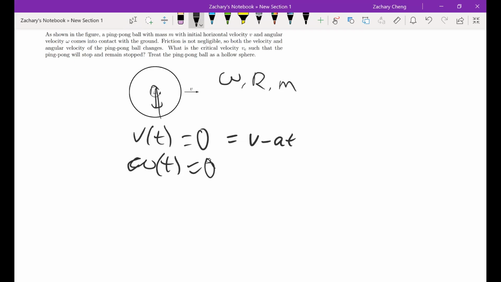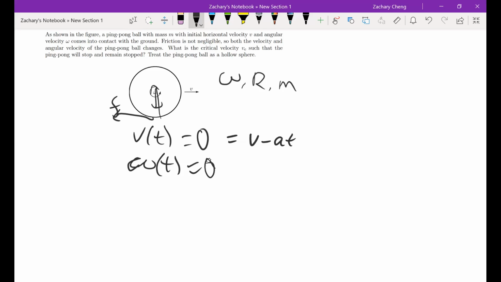The only other force is this friction force F pushing back on it, which gives it an acceleration. This force remains constant throughout the entire process, so it's going to have a constant acceleration A.